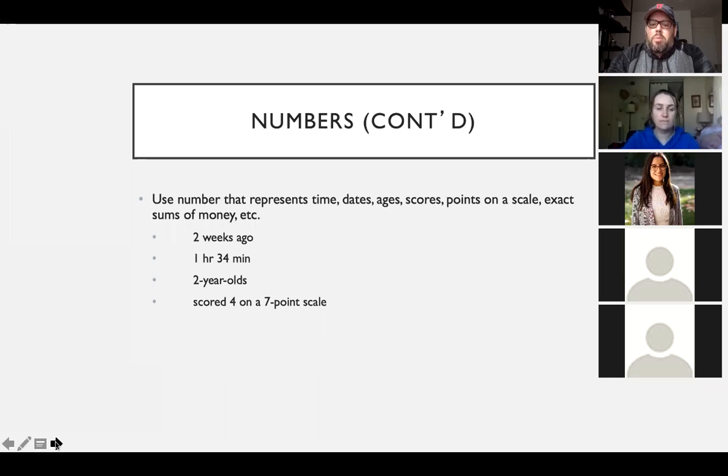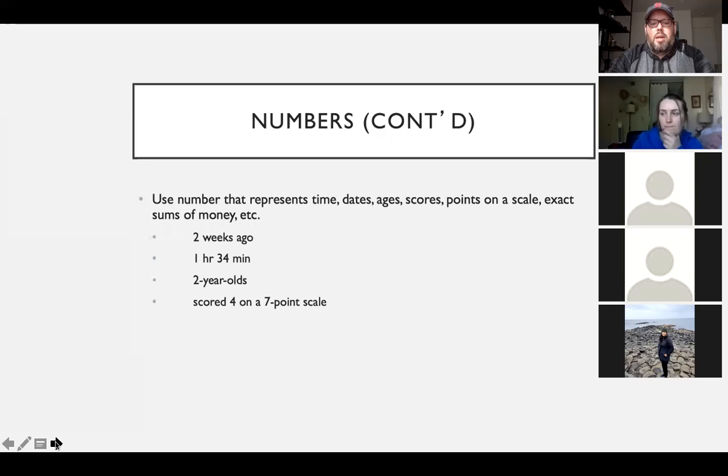Additionally, we use numbers that represent time, dates, ages, scores, points on a scale, and exact sums of money. So we would use the numerical 2 for 2 weeks ago instead of writing out T-W-O. If we were talking about a meeting that lasted 1 hour and 34 minutes, we might write it out numerically instead of, again, writing out the words of those values.